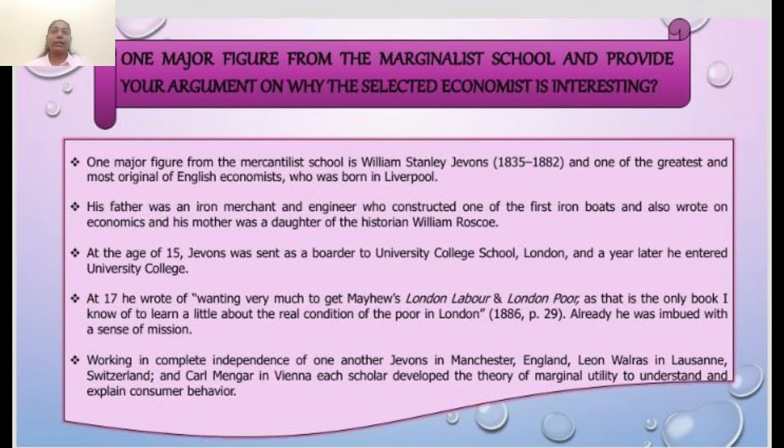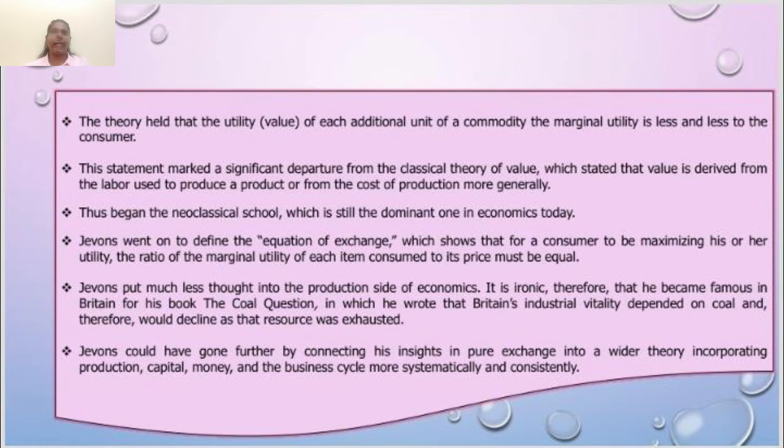Working in complete independence of one another, Jevons in Manchester, England, Leon Walras in Lausanne, Switzerland, and Carl Menger in Vienna each developed the theory of marginal utility to understand and explain consumer behavior. The theory held that the utility value of each additional unit of a commodity, the marginal utility, is less and less to the consumer.